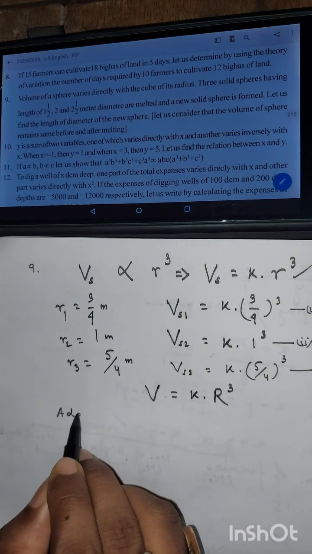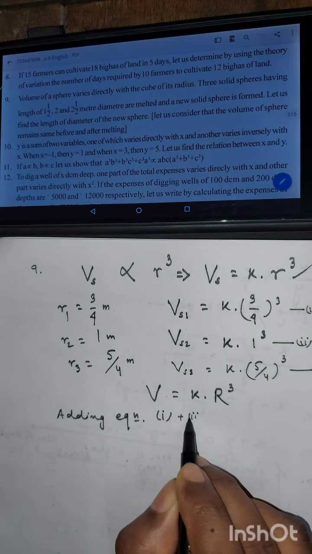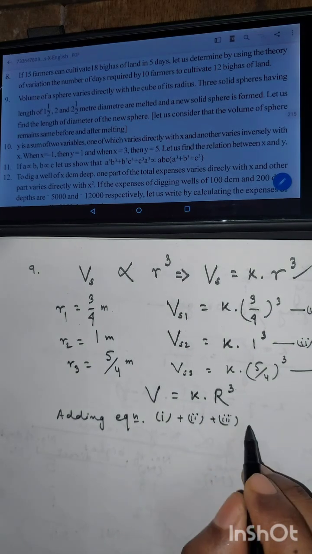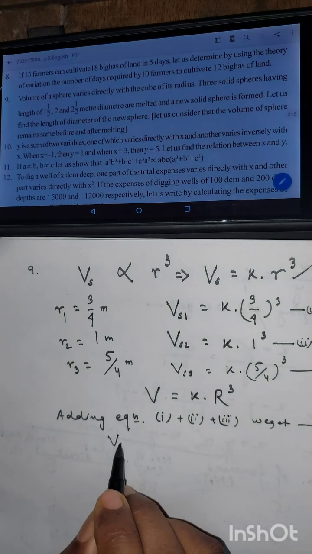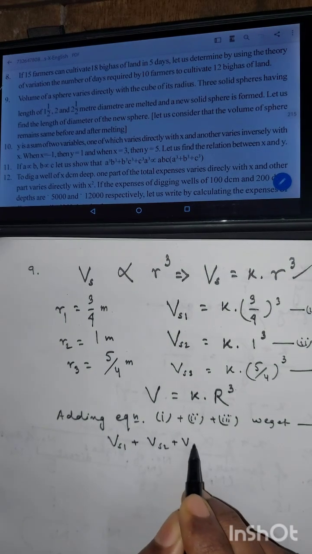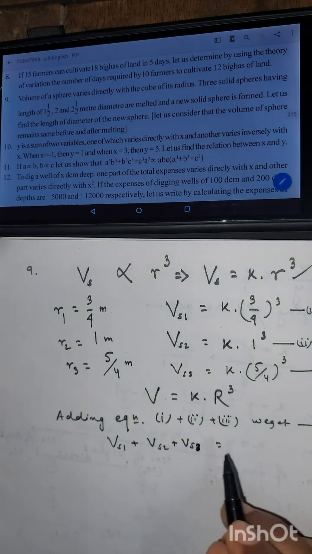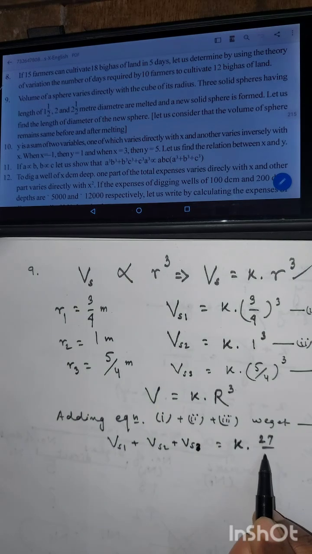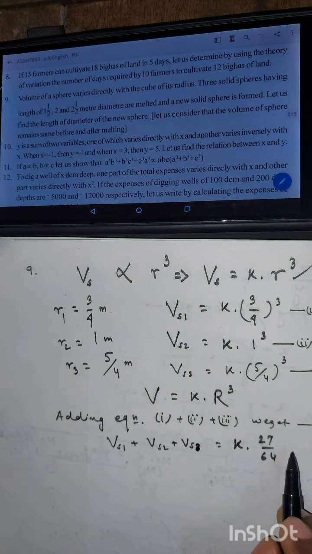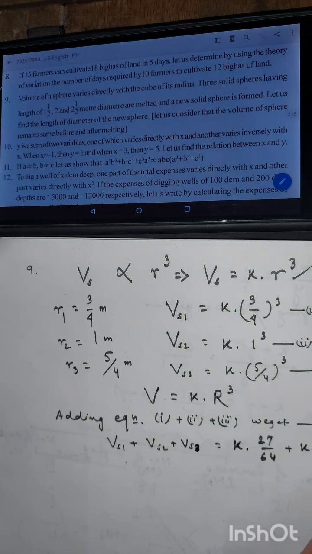So adding equation 1 plus 2 plus 3, we get Vs1 plus Vs2 plus Vs3 equal to k into 27/64 plus k into 125/64.